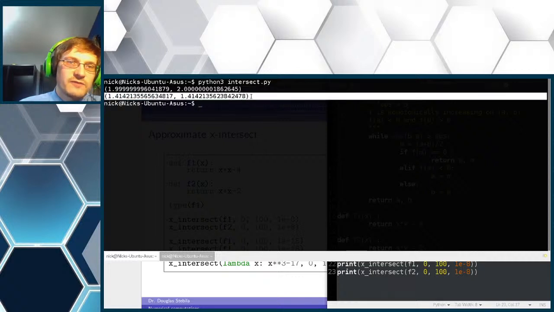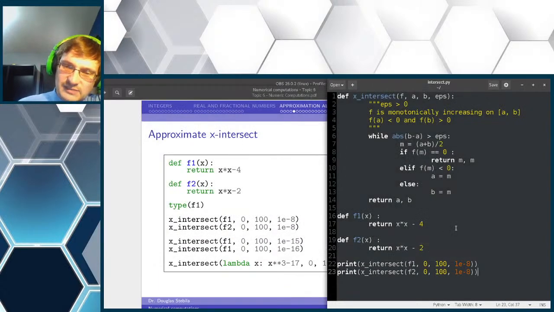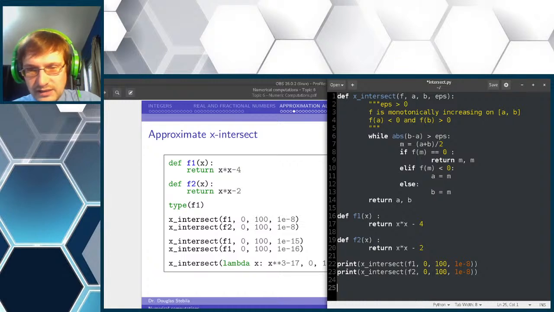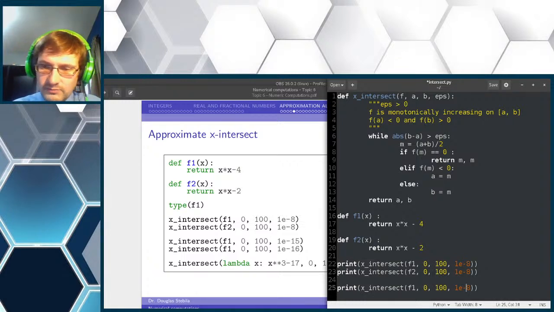Similarly, we've got a very tight interval around root 2 that is accurate to 7 decimal places. And 7 decimal places is probably usually enough for most people. So, that's cool. So the algorithm works.